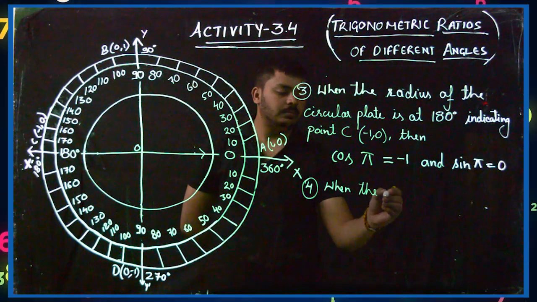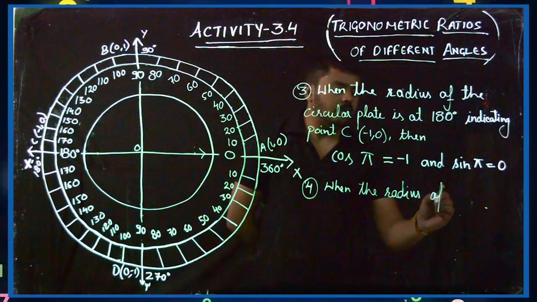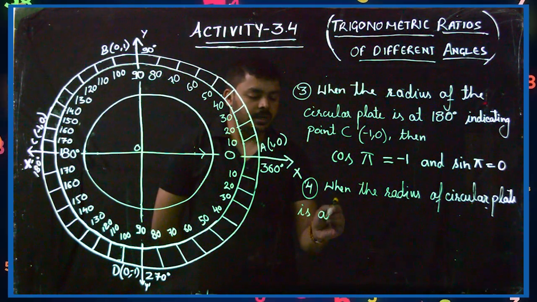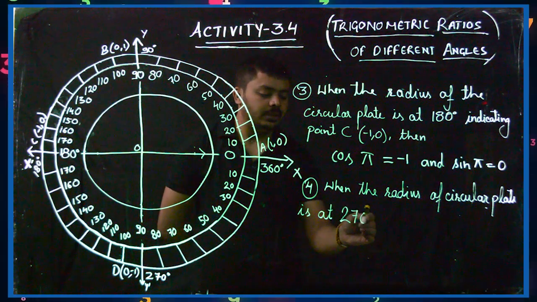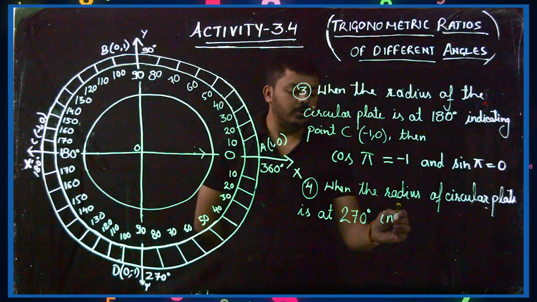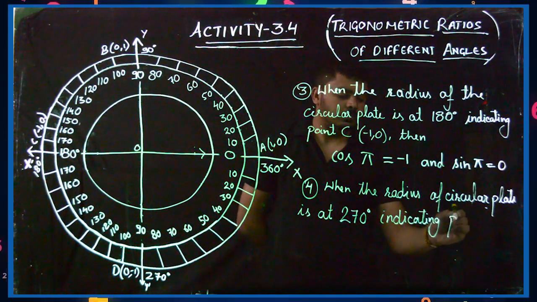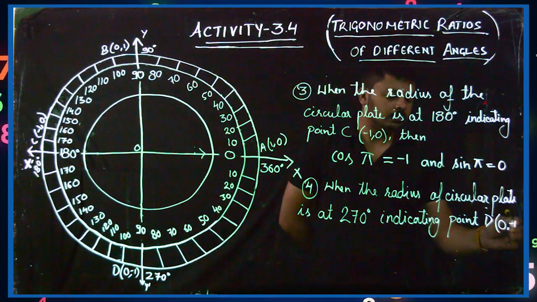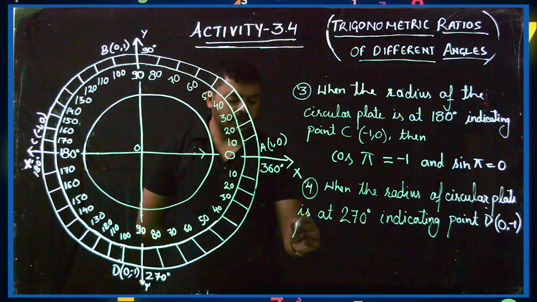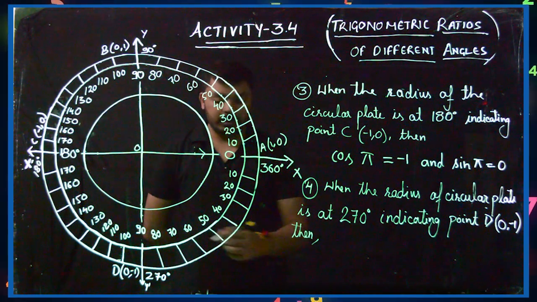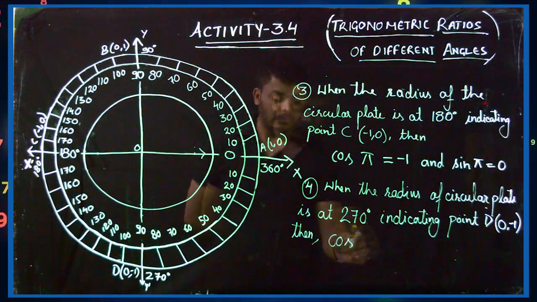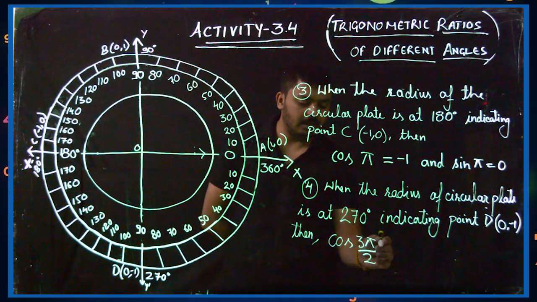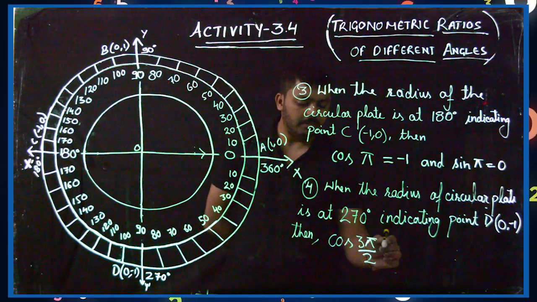Now, when the radius of the circular plate is at 270 degree, indicating point D, that is (0, -1), then at this point cos 3 pi by 2, so 270 degree can be written as 3 pi by 2 in pi form.